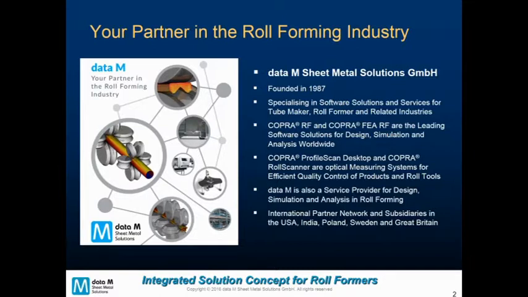We have some hardware, our Copra Profile Scan desktop, for the inspection of profiles, along with our Copra Roll Scanner. Essentially they're both optical measuring systems for efficient quality control of products and roll tools. We're also a service provider for design, simulation and analysis in roll forming. We have an international partner network and subsidiaries in the USA, India, Poland, Sweden and Great Britain.